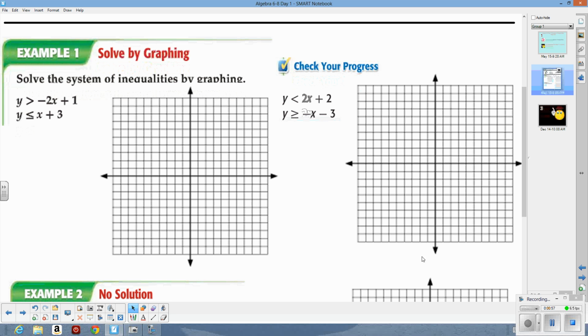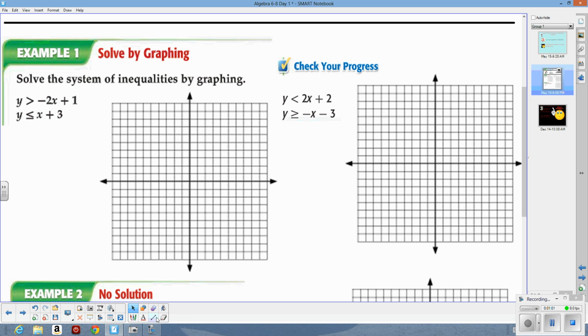Example 1 says solve the system of inequalities by graphing. So we're going to start by graphing the first inequality. Let's think of the equation y equals negative 2x plus 1. The y-intercept is plus 1, so I'm going to put a point on 1 on the y-axis. The slope is negative 2, so we're going to think of that as negative 2 over 1.